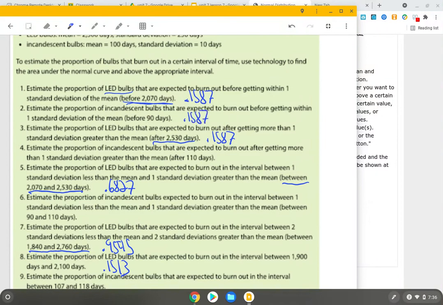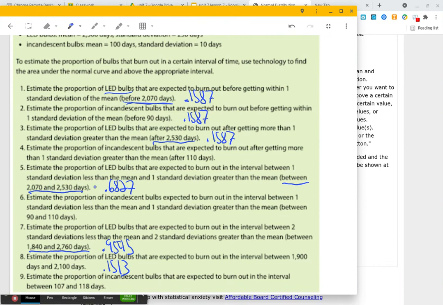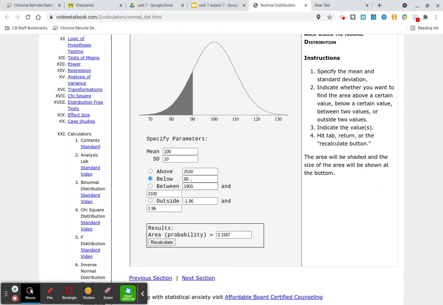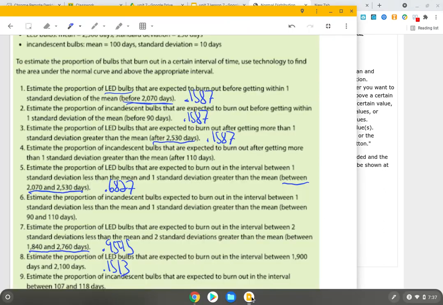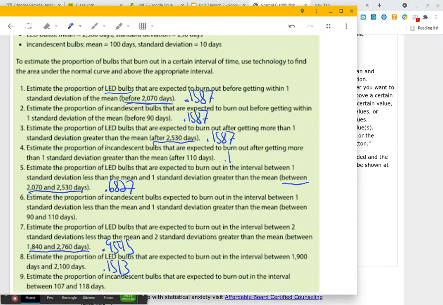Okay. Let's jump ahead to number 4. Estimate the proportion of incandescent bulbs. And we want to know after 110 days. So same mean, same standard deviation. Now we want after or above 110 days. And there's our answer, 0.1587.